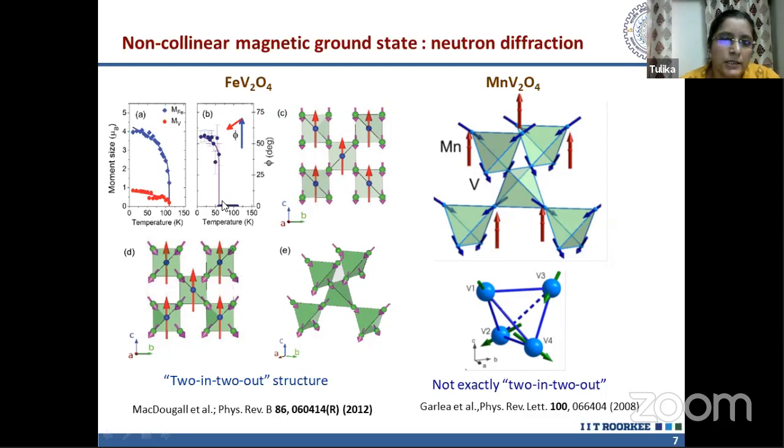Here we can see that the canting angle is as high as more than 50 degrees between manganese, iron and vanadium. And also the vanadium moment is much less than 1 μB. In the manganese vanadate case, the non-collinear order is not exactly 2-in 2-out, but it is something like this, as shown here. It's also determined by the neutron diffraction measurement.